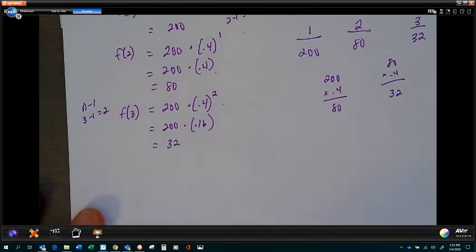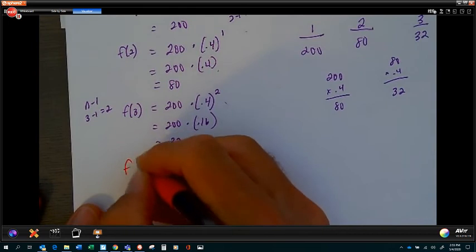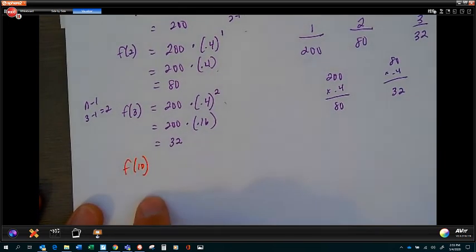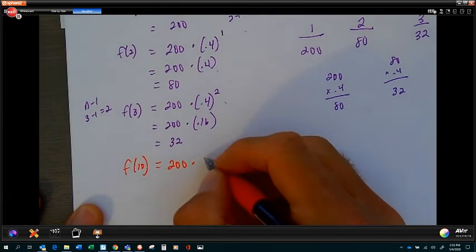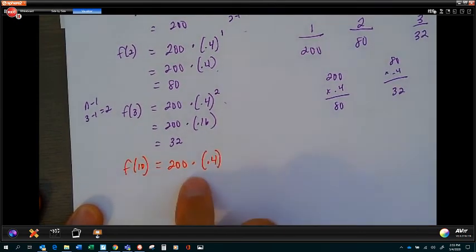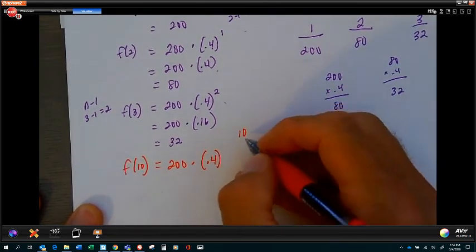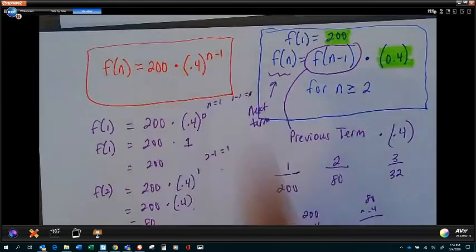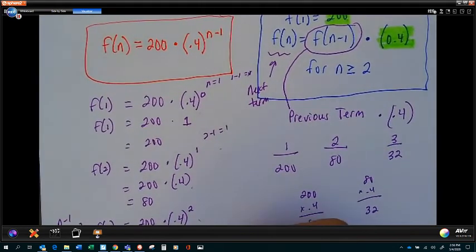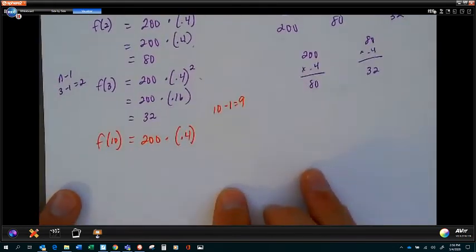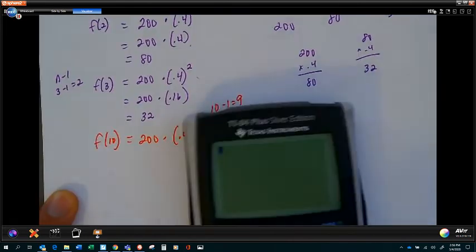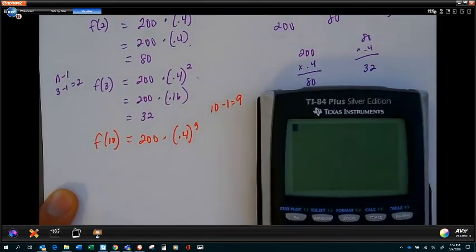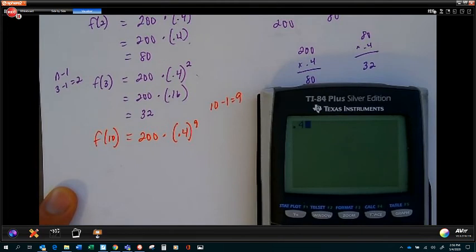So let's just find the 10th term in the sequence. I take 200 times my common ratio, and because I have 10, my n minus 1 is going to be 9. 10 minus 1 is equal to 9. So now I have to take this to the 9th power. Taking my calculator, I take 0.4 to the 9th power.